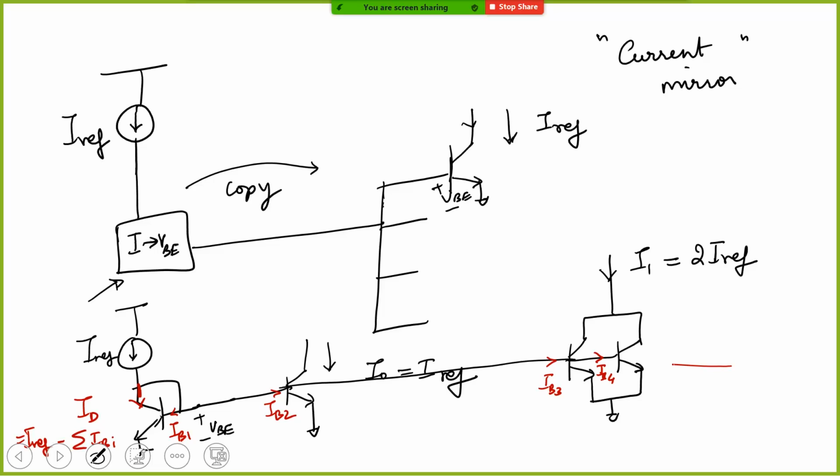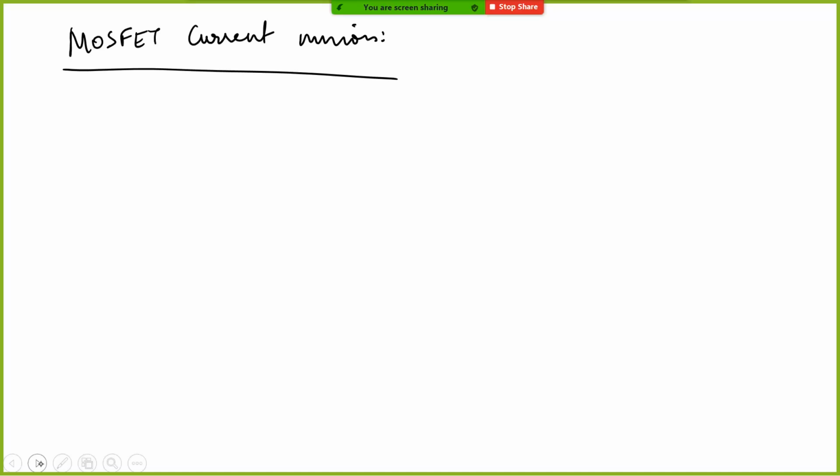Now in the case of a MOSFET current mirror, the same concept is existing. So you take some IREF, and you put it through a MOSFET and you diode connect it. Now here in a MOSFET, you don't have any physical diode being generated just because you do this gate and drain connection.